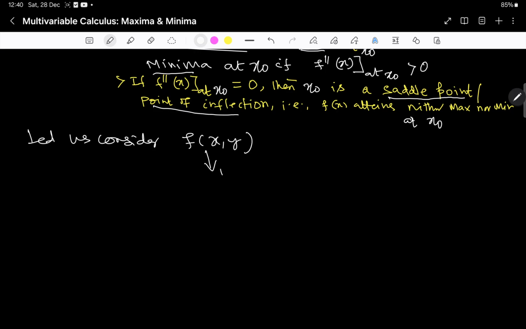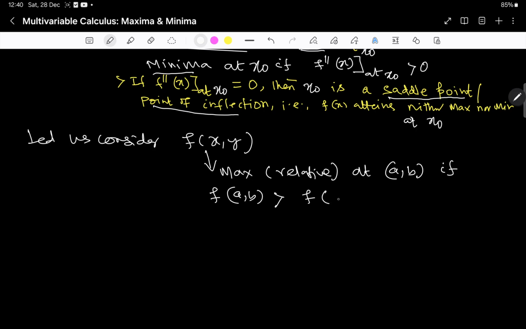We say f(x,y) has maxima or relative maxima, local maxima at (a,b), if f of (a,b) is greater than f of (a plus h, b plus k), meaning in the neighborhood of (a,b).